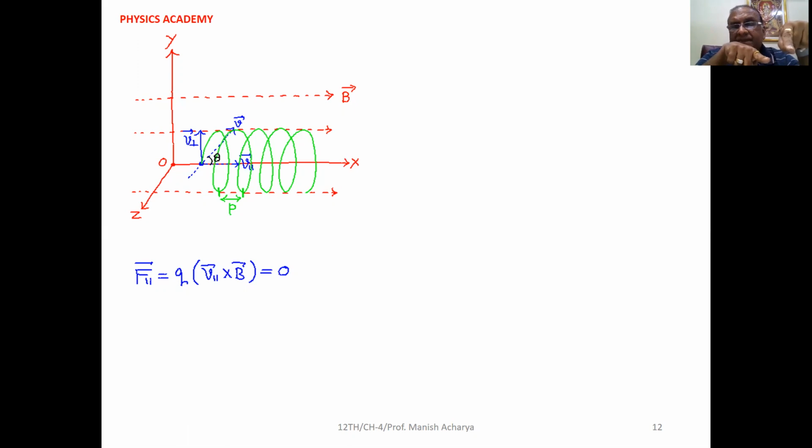Now here, in this particular case, the particle is executing circular motion under the effect of the magnetic force, as well as it also executes translational motion in the direction of the magnetic field with constant velocity v parallel. Therefore, resultantly, the motion of the particle will be on a helical path.